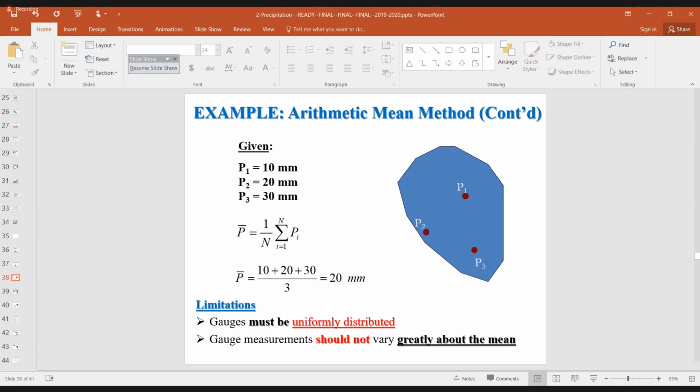What I said, inside stations are considered. So you just add the precipitation, divide by 3, and you are done. Limitation is stations must be uniformly distributed, and land has to be flat. I have to say it's not written here, but it must be flat.